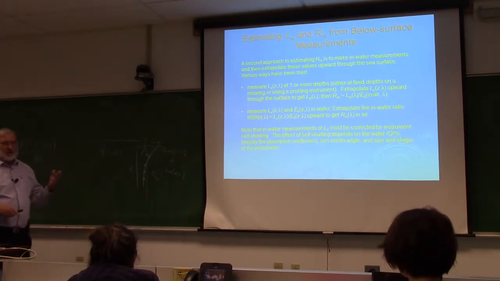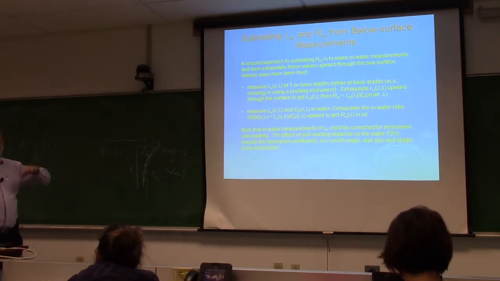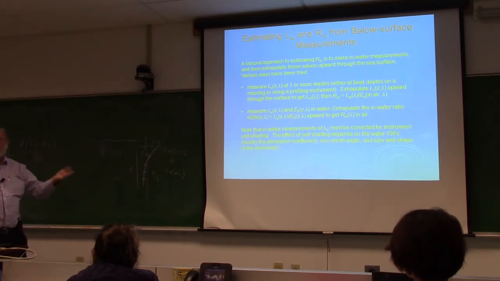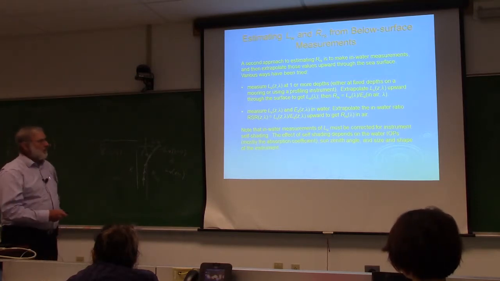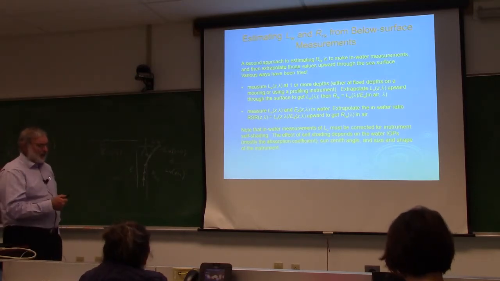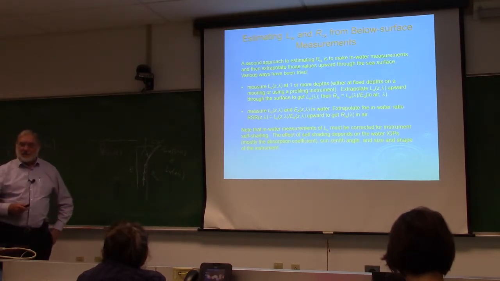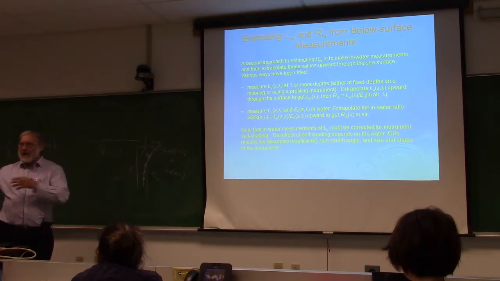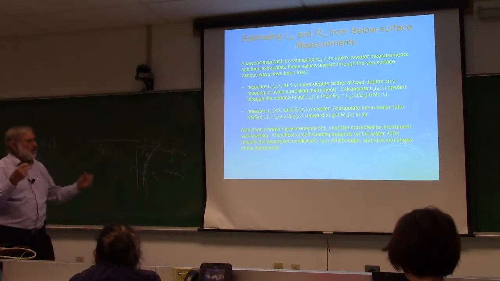So there are just as many problems with in-water measurements and extrapolating upward through the surface as there are with making above-surface measurements and trying to get rid of the surface reflectance. It's kind of like the next religious war: there are communities that will swear one way is better than the other, and they're never going to come to agreement, I don't think.